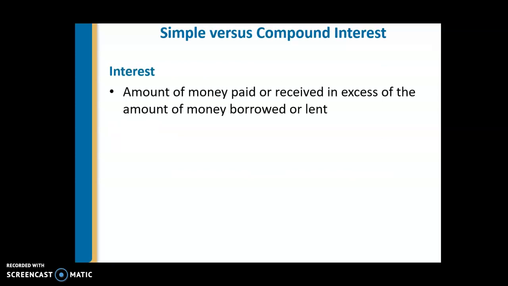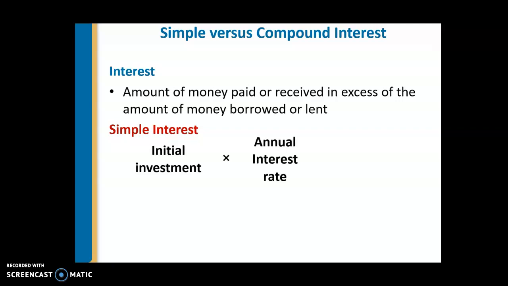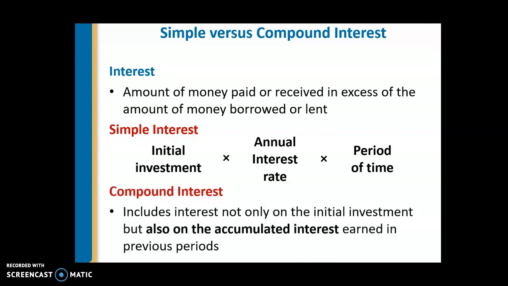Interest can be defined as the amount of money paid or received in excess of the amount of money borrowed or lent. Interest can be calculated as simple interest, which means the initial investment times an annual interest rate times a period of time, or it could be calculated as compound interest.